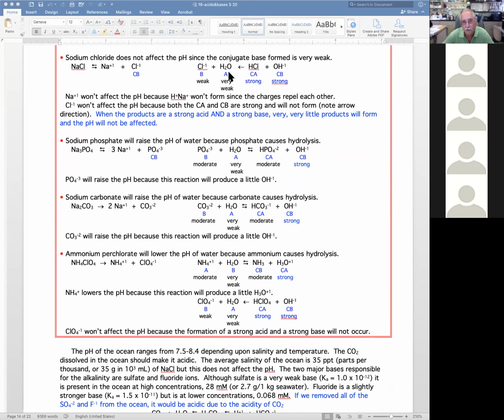And the conjugate base of water is going to be a strong base. So these things are both extremely strong. You're not going to form that. Not going to happen. It's going to go this way. So for that reason, sodium chloride does not change the pH of water. It does not hydrolyze water.